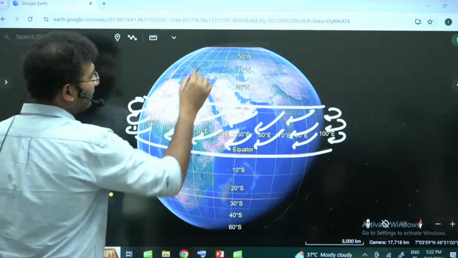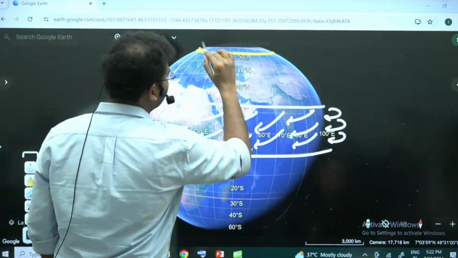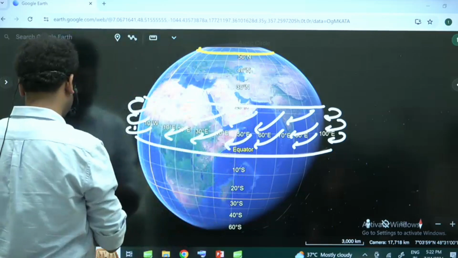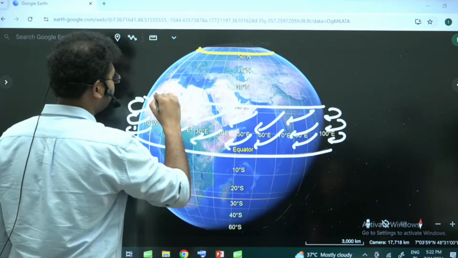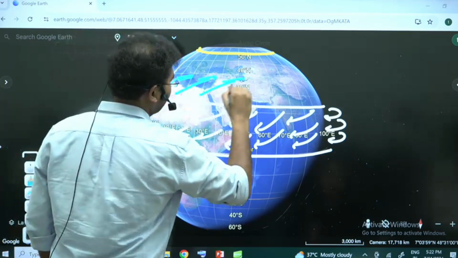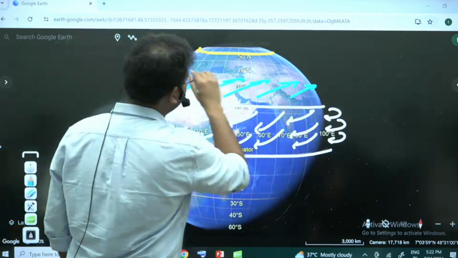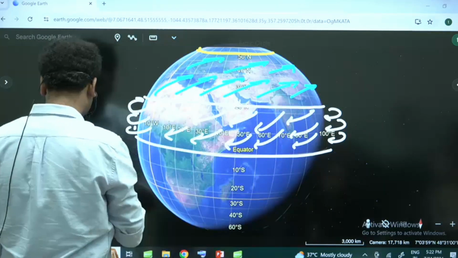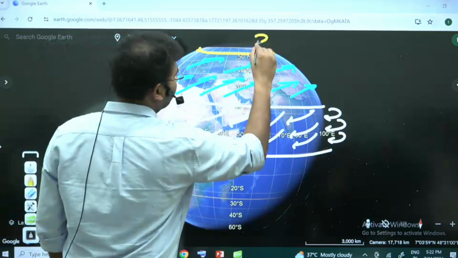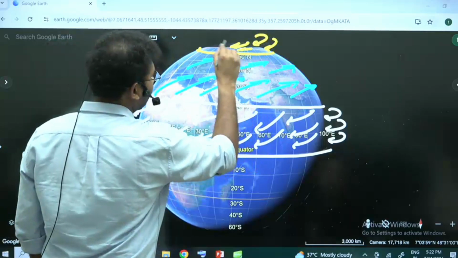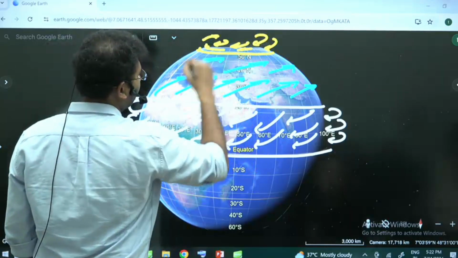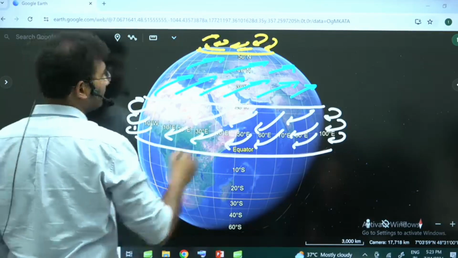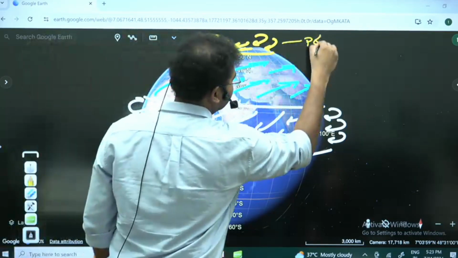Next, this is the subpolar region, so what kind of winds do you have here? Between 30 and 60 you have westerlies. And what kind of winds do you have at the polar region? Right, so these are your polar easterlies.